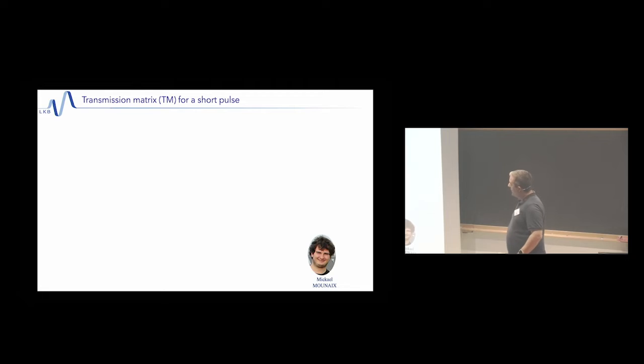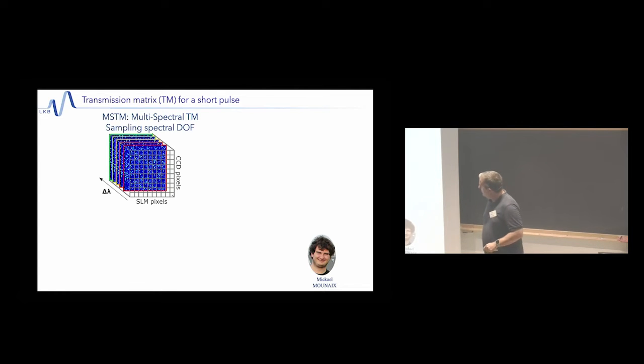Okay, so one thing I also want to point out, just for completeness, is that you can extend this transmission matrix approach not just to monochromatic light, one wavelength, but multiple wavelengths, and then you can basically understand and control a broadband pulse, a short pulse. What we did was introducing the so-called multispectral transmission matrix, where we measure the transmission matrix for different wavelengths.